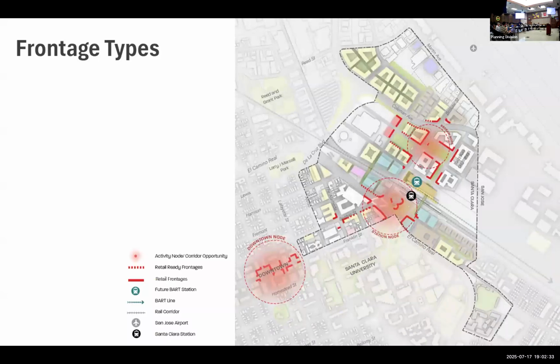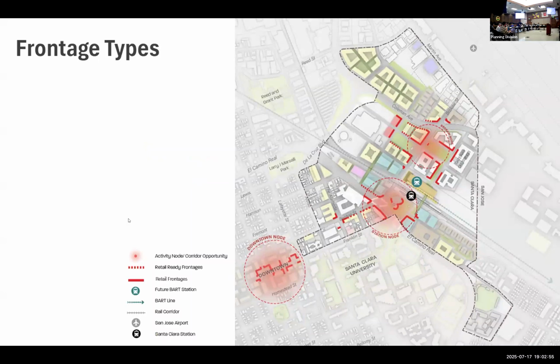The fourth thing here is frontage types. So we've looked at these solid red lines before, which are the areas where we're looking for retail frontages within the plan area. And then the second thing that you would see is some of these have dotted red lines.